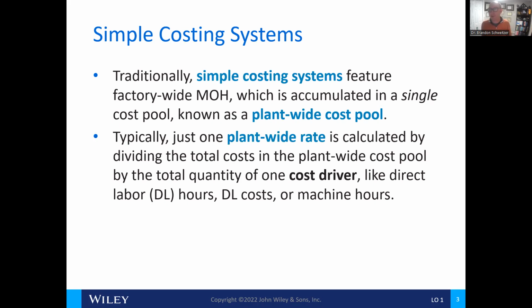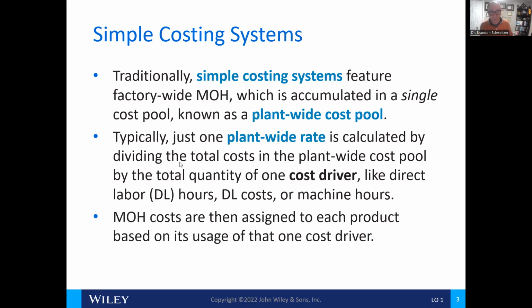These cost drivers are the activities that drive the cost. Manufacturing overhead costs are assigned to each product based off of their usage of that cost driver. The usage, for example, being the number of direct labor hours, the number of machine hours used.